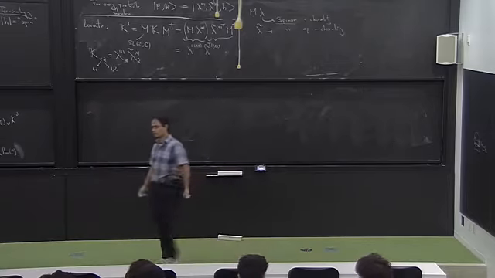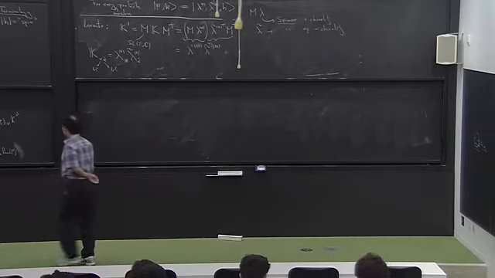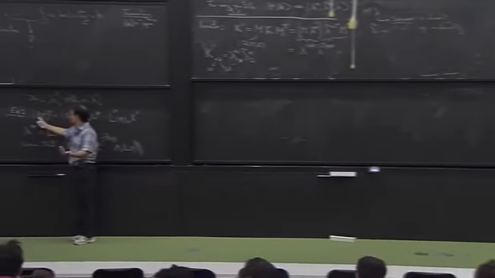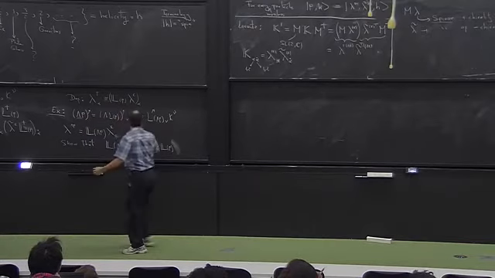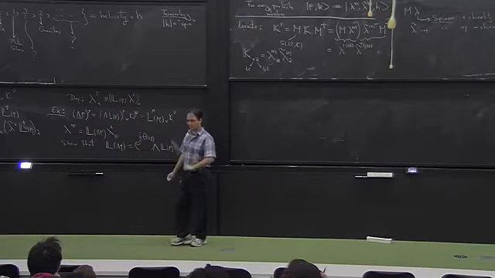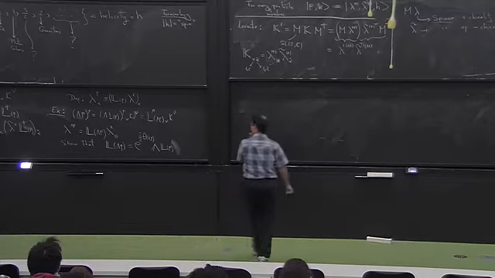Yes? What is that last lambda with 2 lines? Oh, so we have a Lorentz transformation lambda acting on P, right? This is a vector, and this is a 4 by 4 matrix acting on the vector. This is its corresponding 2 by 2 representation.